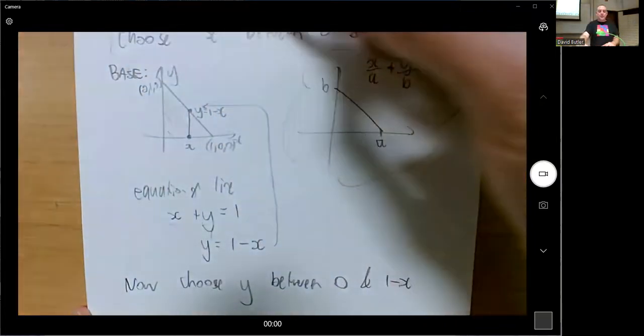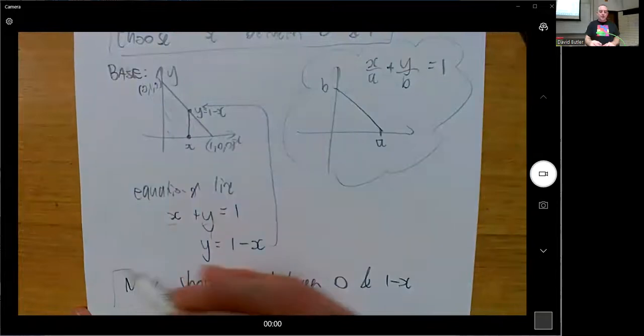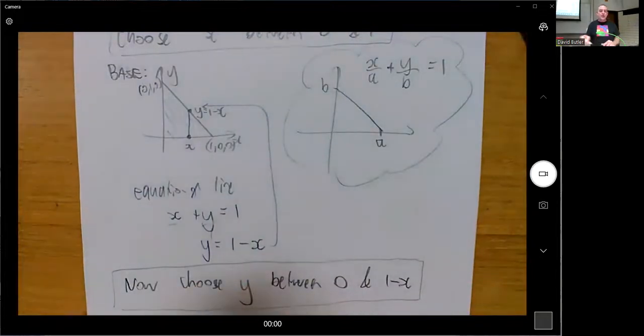So I started by choosing my x between 0 and 1. And now that I've chosen the x, the y goes between 0 and 1 minus x. How are we feeling? Cool.